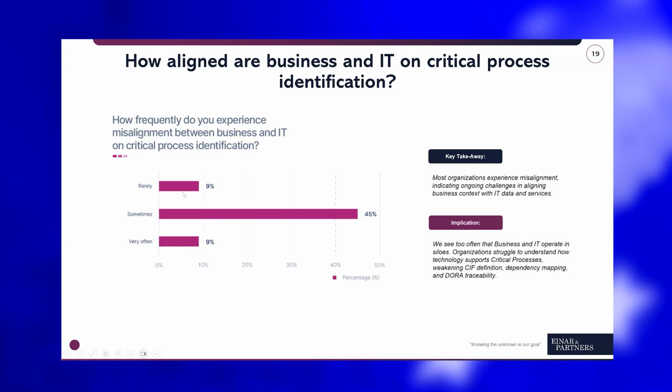Very few organizations have, I would say, formalized governance structures where, you know, these two worlds come together in, let's say, a frictionless way. So again, we see that too often business and IT, they operate in silos. That's essentially what this is about in a nutshell.